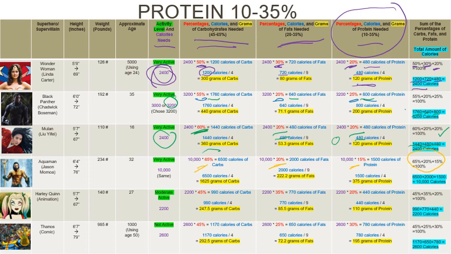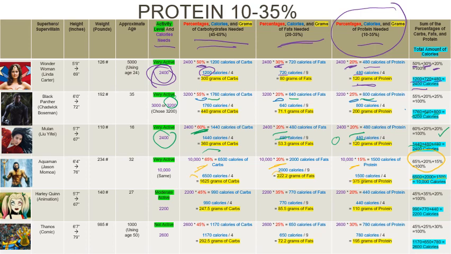For protein, of the 10,000 calories that he consumes, 15% is protein, which equals 1,500 calories of protein. So 1,500 calories of protein divided by 4 equals 375 grams of protein. So when you calculate all the calories, 6,500, 2,000, 1,500 equals 10,000 calories.